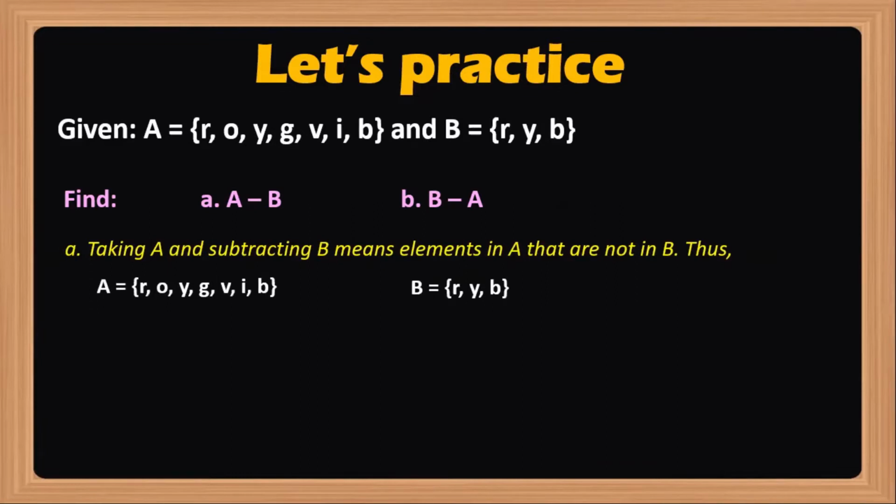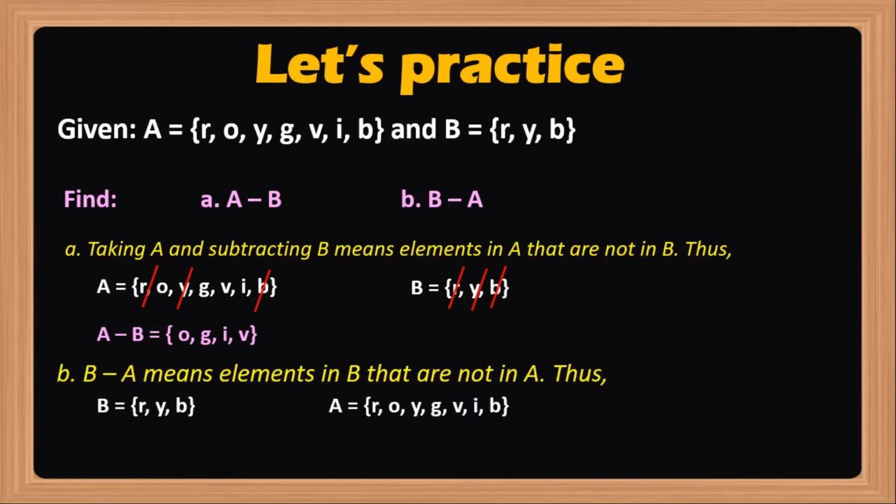So i-remove natin yung elements ng B kay A. So we just remove R, the Y, and the letter B. Nire-remove ko lang all the elements in B kasi that's A minus B. Okay, so therefore, the final answer is the set that contains the elements letter O, letter G, letter I, and letter V. Ayun po yung natira.